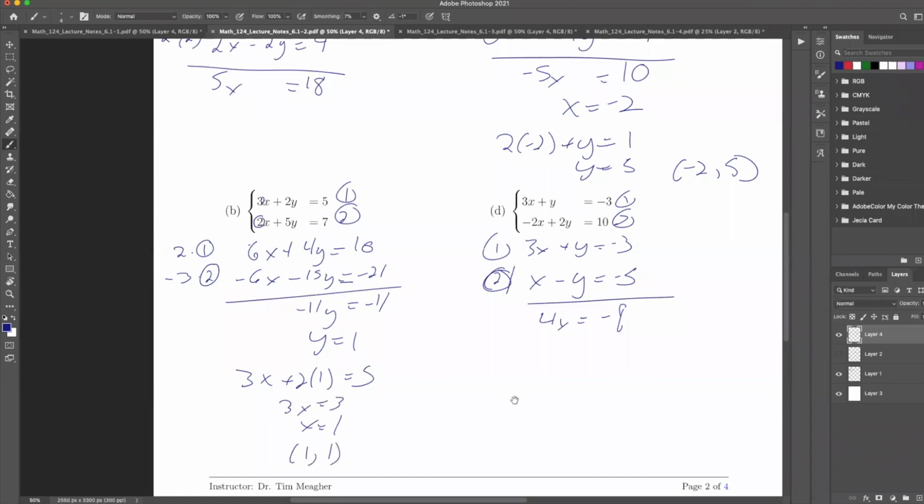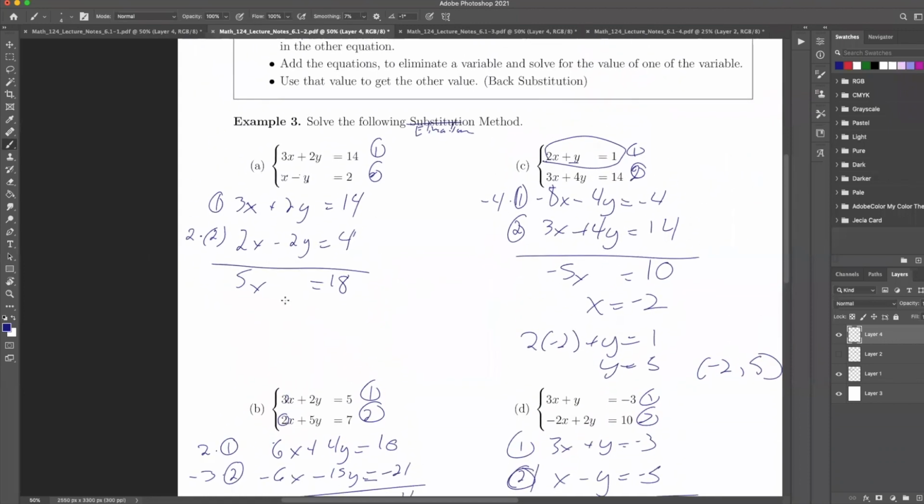Okay. Let's do this one, which ends up not being clean. I should have probably saved it for later, but this means x is equal to 18/5. I just plug it back into one of these equations. I'm going to plug it back into the second equation just because that one's the easier one to deal with. So I have 18/5 for my x minus y equals 2.